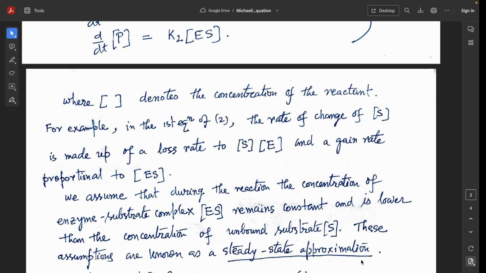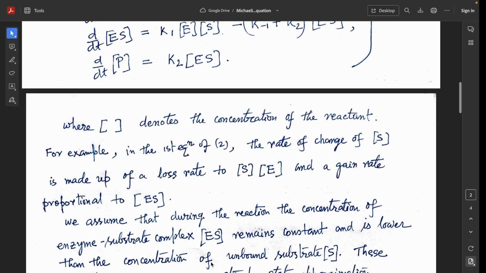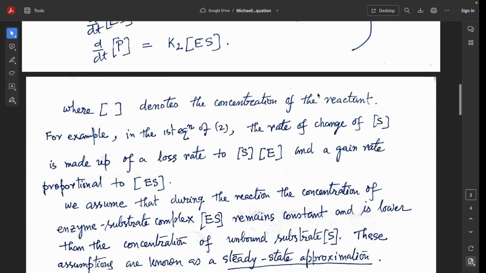By this assumption, we have the derivative of concentration of ES equals 0. So from the third equation of system 2, K1 concentration of E into concentration of S equals K minus 1 plus K2 concentration of ES.